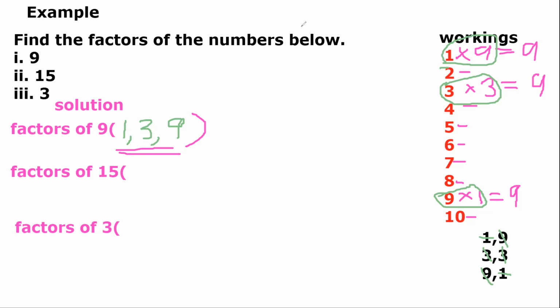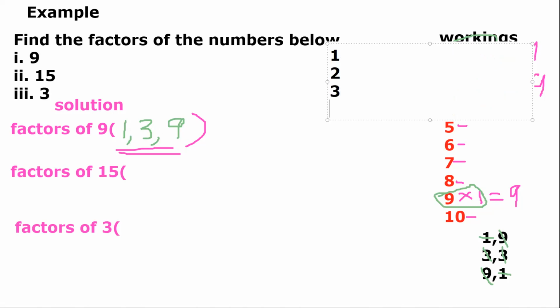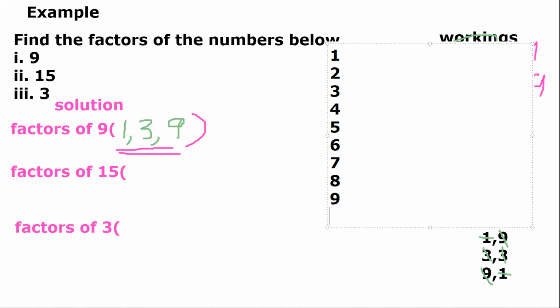So let's see the other one here, the factors of 15. The same thing, you list 1 to 10: 1, 2, 3, 4, 5, 6, 7, 8, 9, 10.